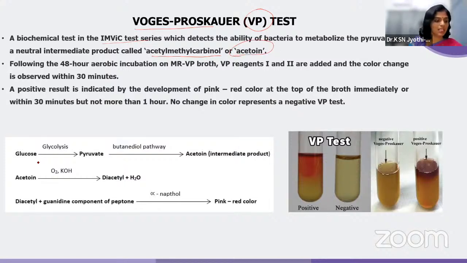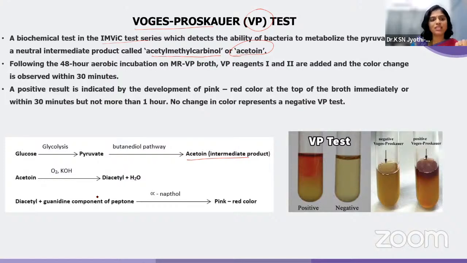So here you will see that generally in the tests, glucose gets converted into pyruvate. Now, pyruvate has various fates, as we just observed. It can undergo many pathways in the process of trying to provide energy. So if it is entering into a butanediol pathway, an intermediate product that is produced is called acetoin. It's also called acetyl methyl carbinol.